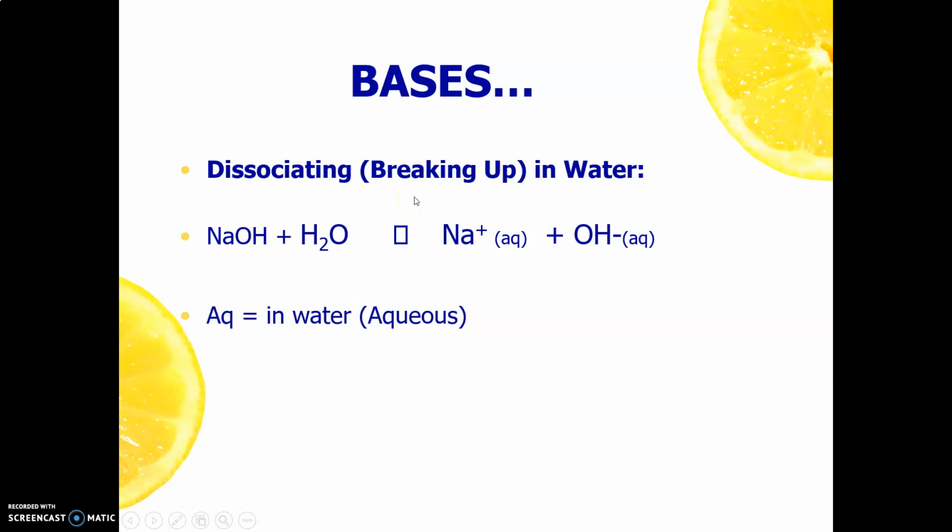Remember when we talked about acids, we said that acids can be classified into strong and weak. Now it's the same thing. Bases can also be classified into strong bases and weak bases. Strong bases completely ionize in water. Completely ionize means this is the same equation I wrote before, and here you have H2O.